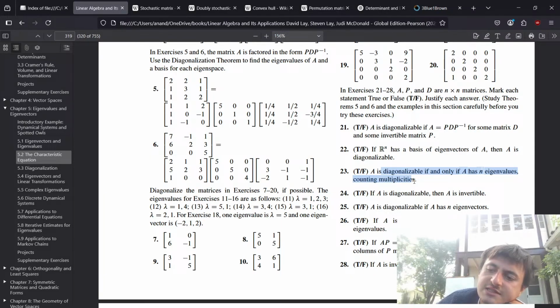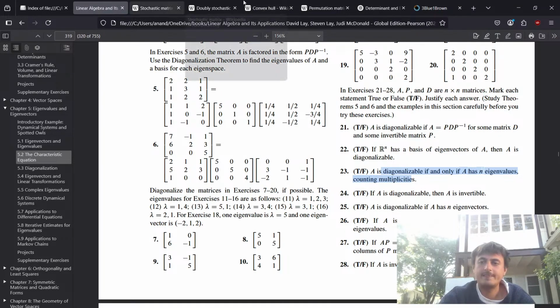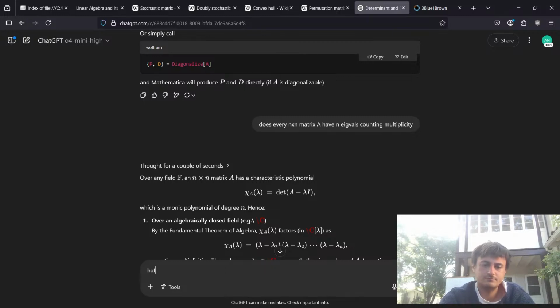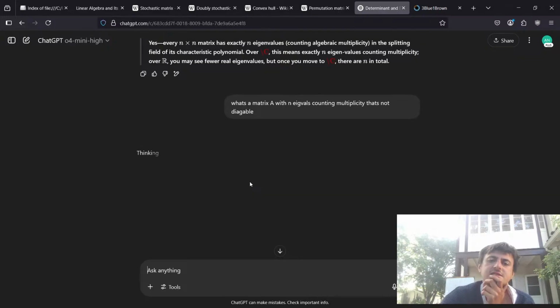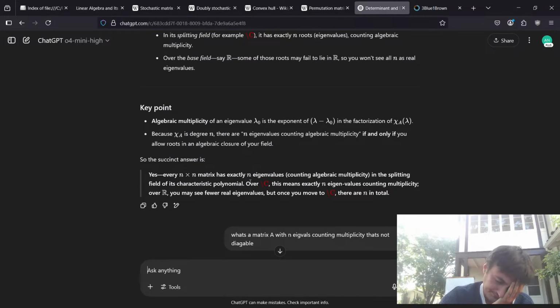So that would be something where you have linearly dependent eigenvectors.